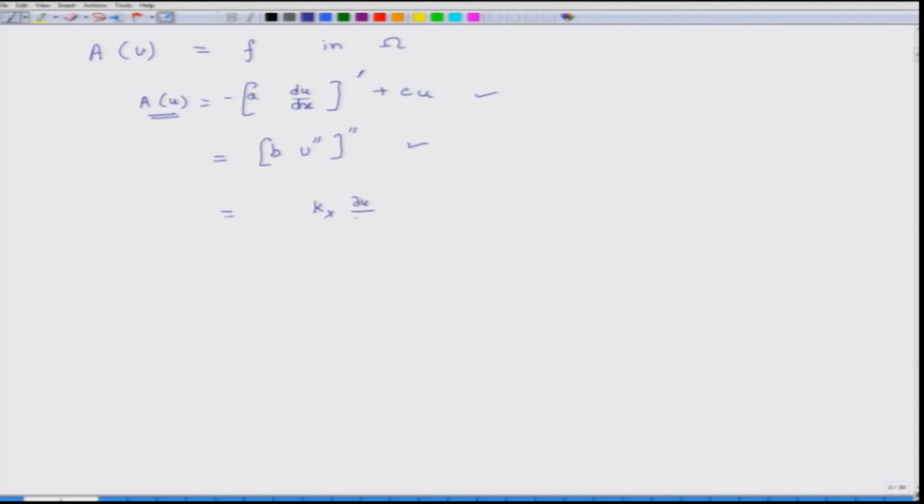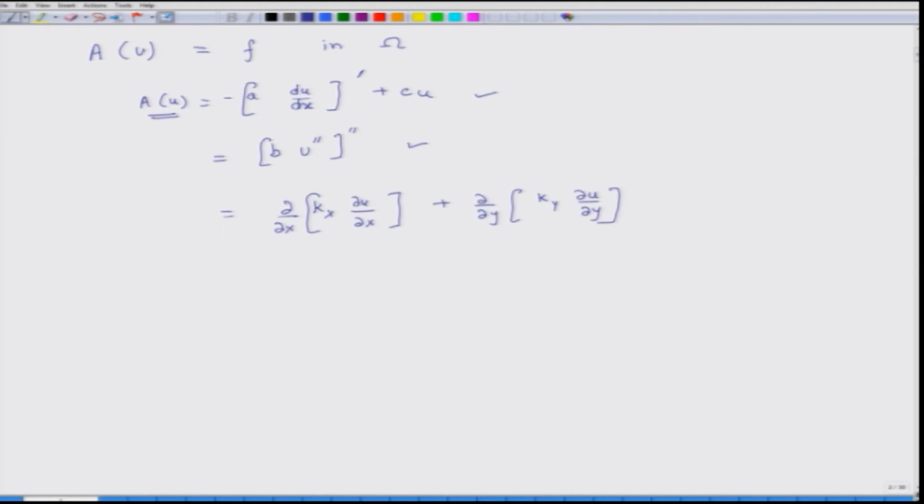Another variation of this A could be some constant k x times del u over del x, and then you differentiate it with respect to x, plus partial derivative of some function k y times del u over del y. So, in this case this is an operator which is working in 2 dimensions.